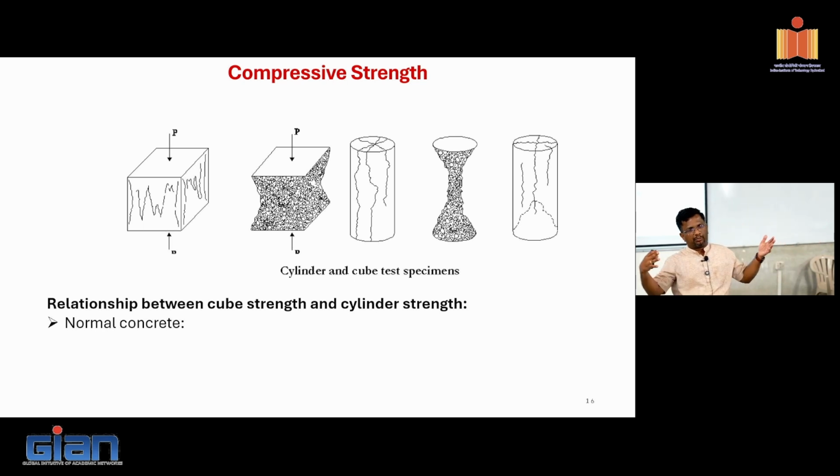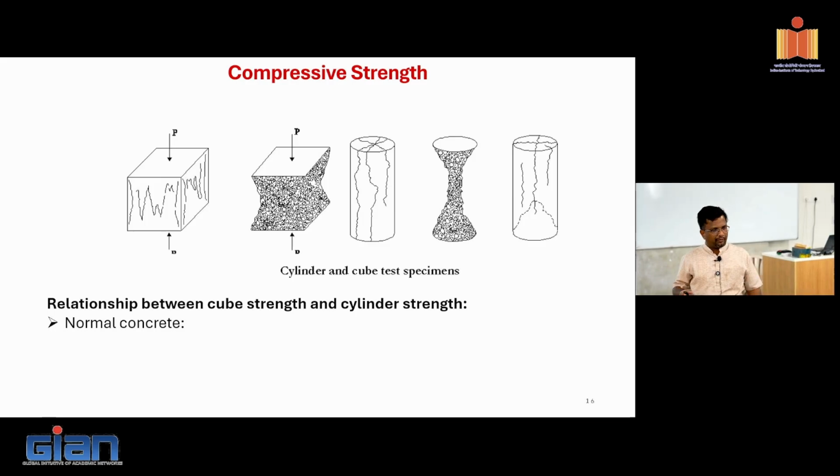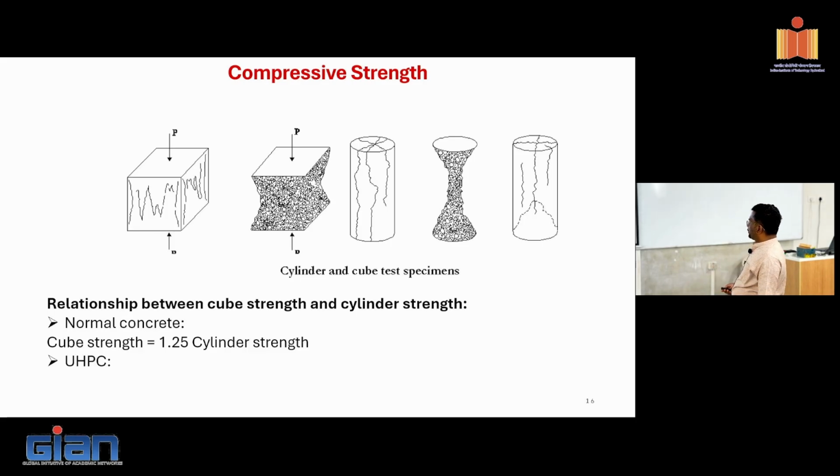The friction puts confinement on the cube, so the actual failure strength will be much higher than the true material property. That is why cubes typically give you 25% higher strength. If you test a cylinder, which is 100 by 200 or 150 by 300, you get the true representation of the material property. So cube strength is about 1.25 times cylinder strength.